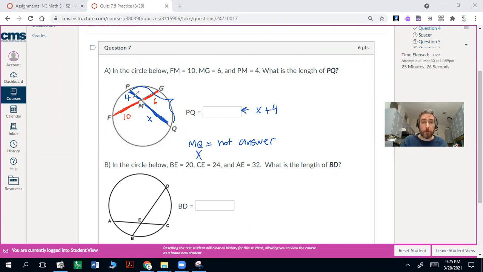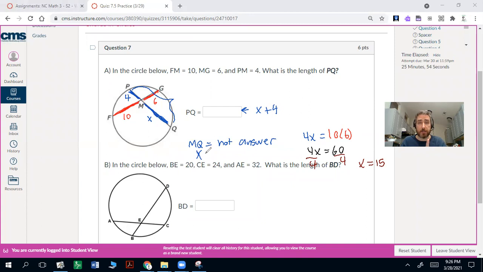We're going to do 4x equals 10 times 6. So 4x equals 60. 60 divided by 4 should be 15. You can double check me on that math.